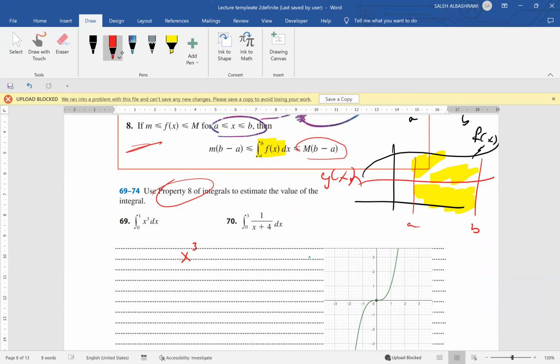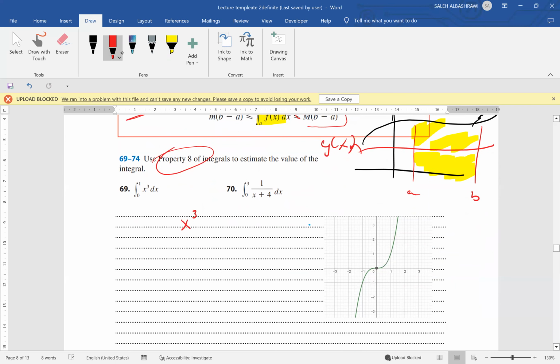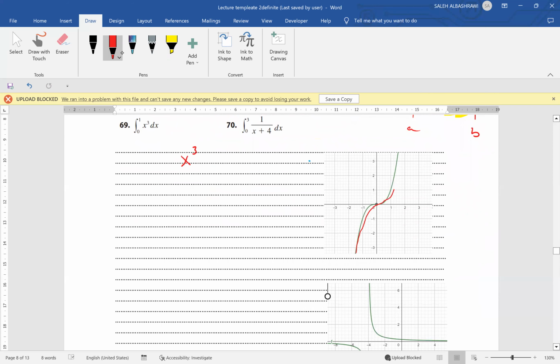And we know from the extreme value theorem, if we have a continuous function defined on a closed interval, then it has an absolute maximum and an absolute minimum. The graph for x to the power 3 is given by this curve, and it is a continuous function.